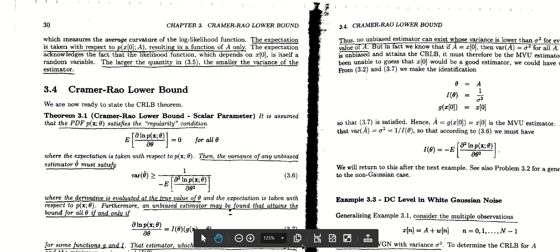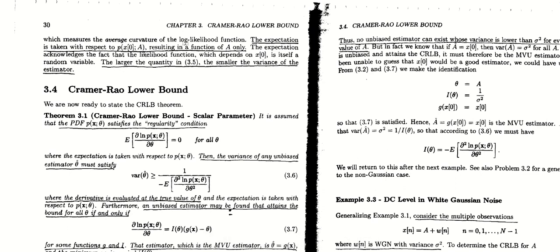Yeah, that measures the average curvature of the likelihood function. The expectation is taken with respect to this, resulting in a function of A. The expectation acknowledges the fact that the likelihood function, which depends on x0, is itself a random variable. The larger the quantity, the smaller the variance.